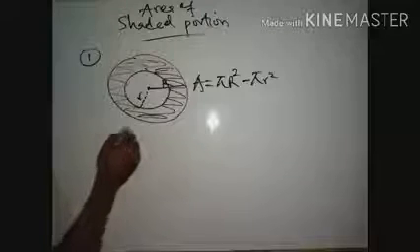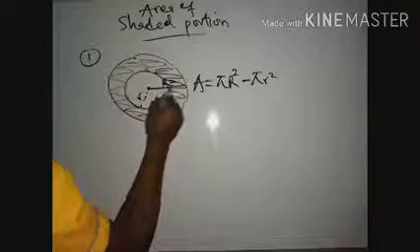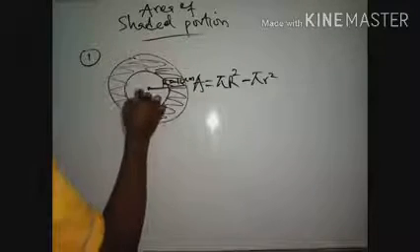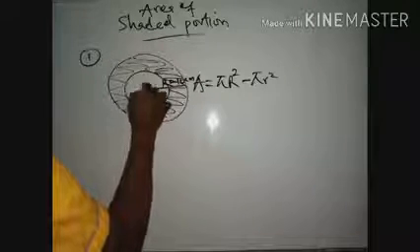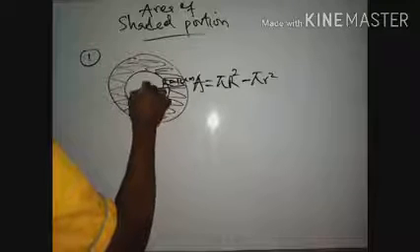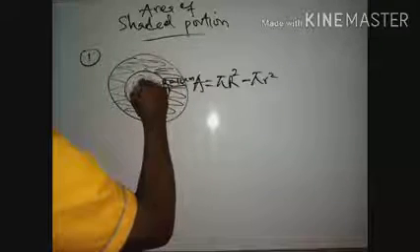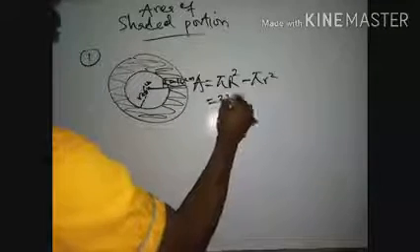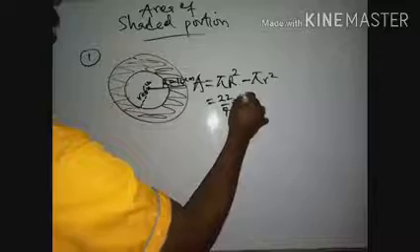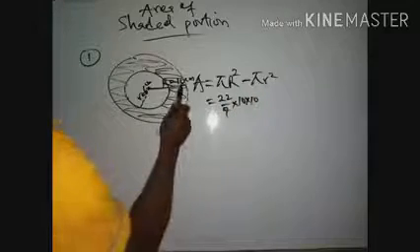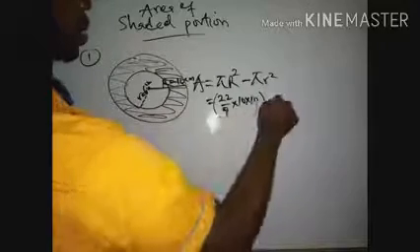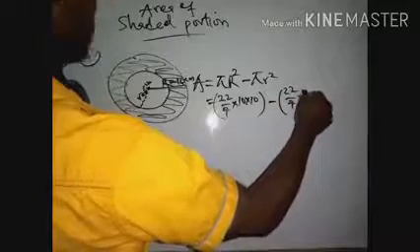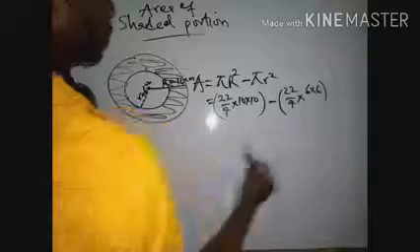Say that you are given the capital R to be 10 centimeter and the small r to be, let's say, 6 centimeter. And you want to solve this. That will be 22 over 7 times 10 times 10, minus 22 over 7 times 6 times 6.